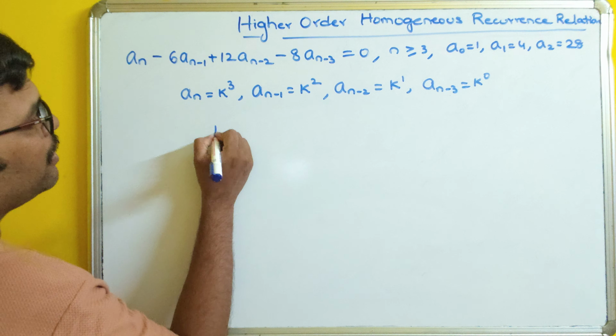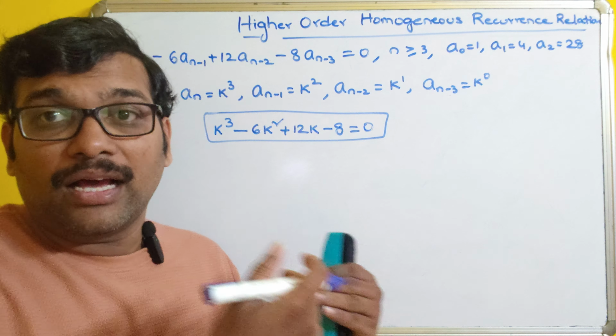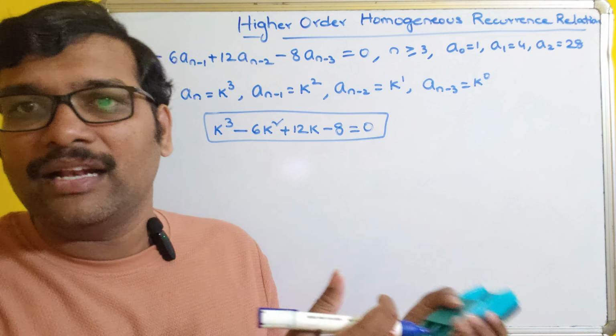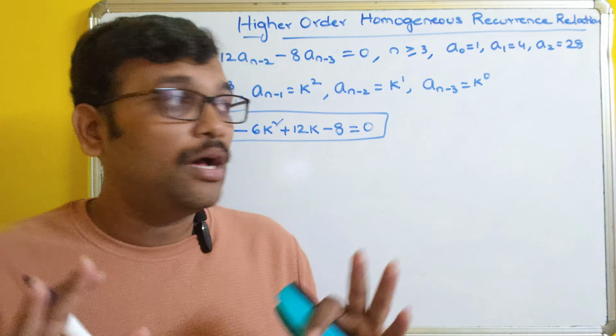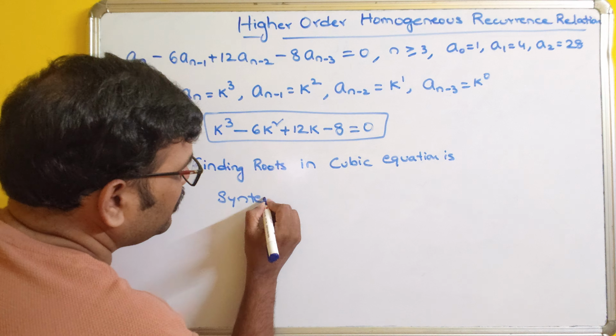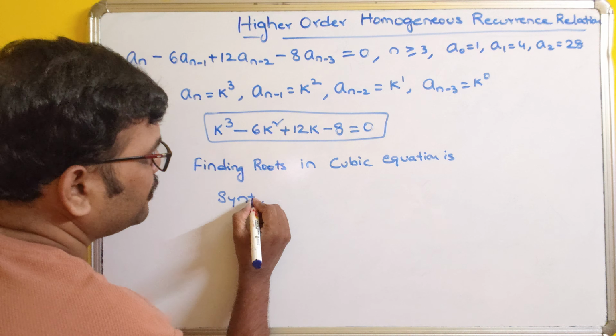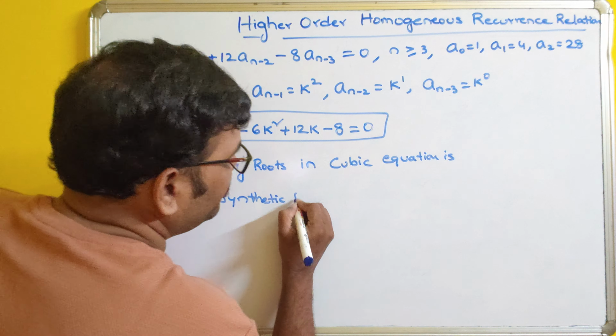Now, what is the procedure to find the 3 roots? We have to find one root, and then we can convert into a quadratic equation. How is it done? Finding the roots of a cubic equation is done by the synthetic division method.